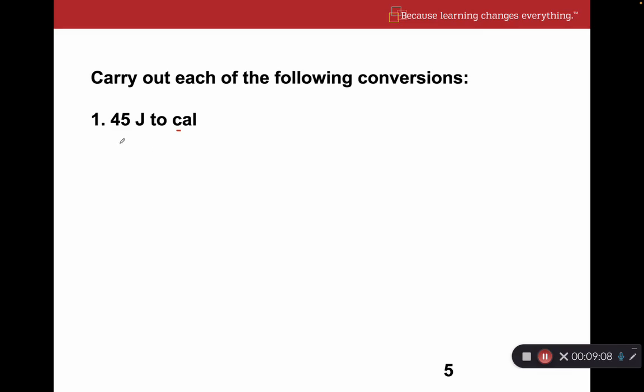Okay, so let's try here. I have 45 joule, so I'm going to start with dimensional analysis, or unit conversion, you can say. I'm writing 45 joule, and then I know that 1 calorie is equal to 4.184 joule.